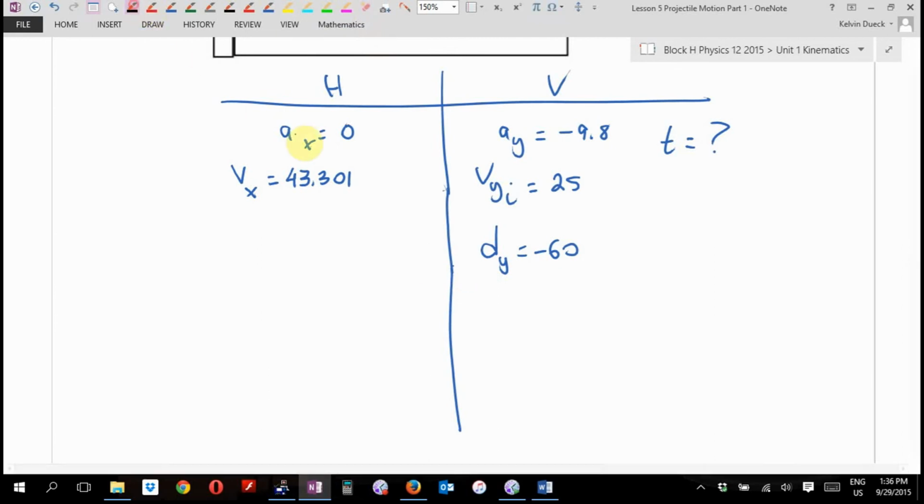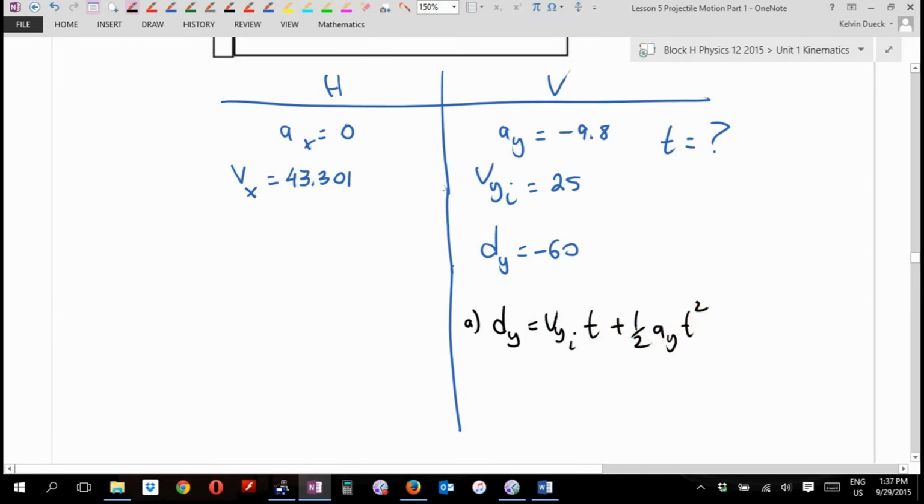You're on a roll. d equals Vi t plus a half a t squared. And just to emphasize vertical, I'm going to write dy equals Vy initial t plus a half ay t squared. Why am I not putting a y on the time? Because time is a scalar, so what do I care about direction there? Do any of those cancel this time, or any of these zeros this time?